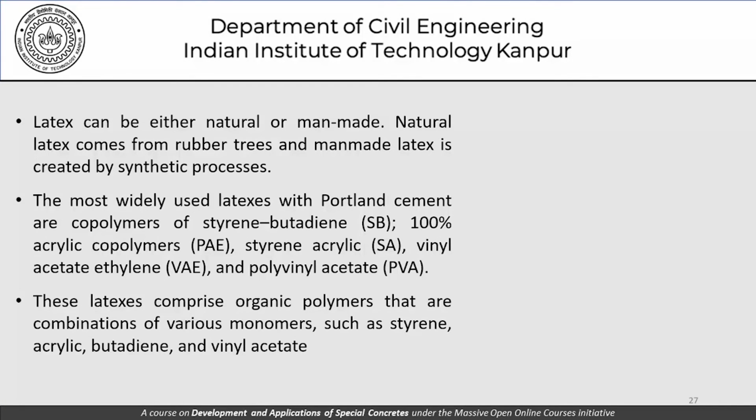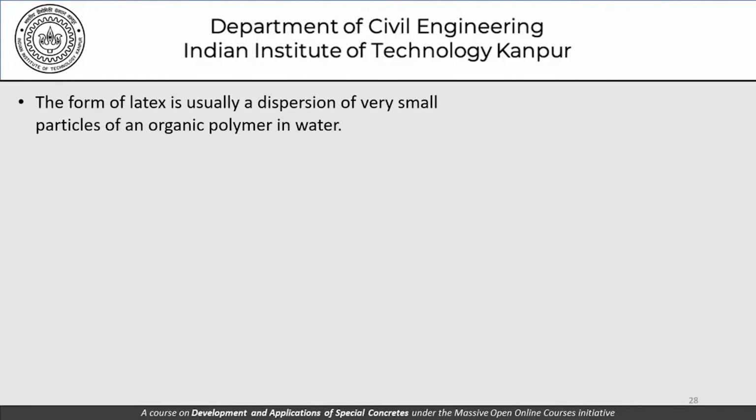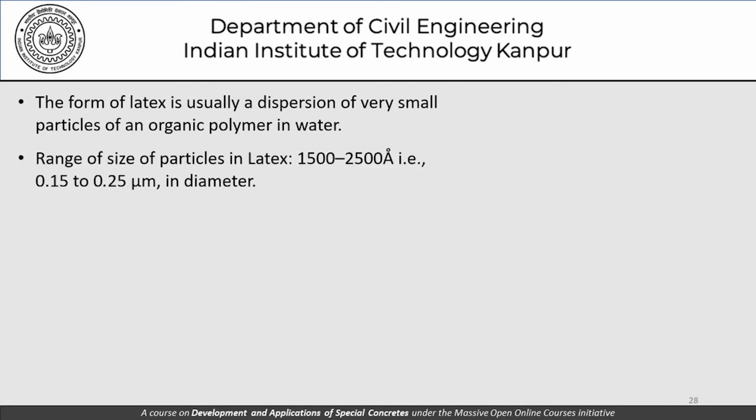These latexes comprise organic polymers that are combinations of various monomers such as styrene, acrylic, butadiene, and vinyl acetate. The form of latex is usually a dispersion of very small particles of organic polymers in water, and the size of particles in latex ranges from 1500 to about 2500 angstroms, that is about 0.15 to 0.25 micrometers in diameter.